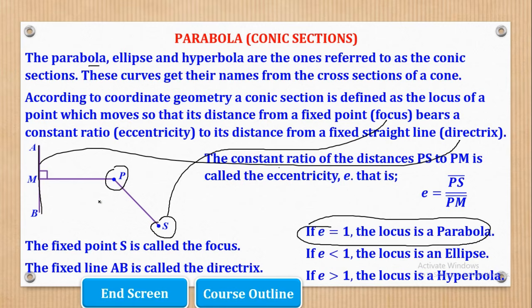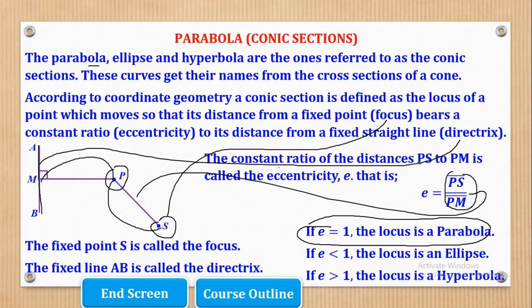It means that the distance from here to here is equal to the distance from here to here, for you to get e as 1. This is the formula for eccentricity: the ratio of the distance PS to the distance PM. When eccentricity is equal to 1, it means that the point is equidistant.